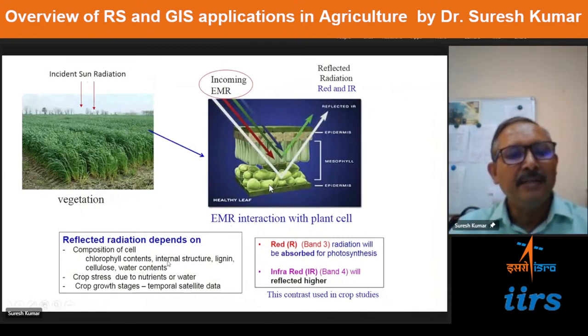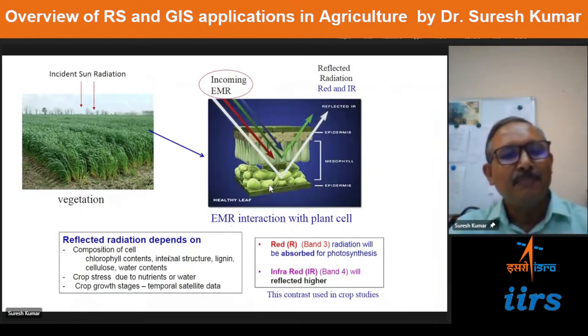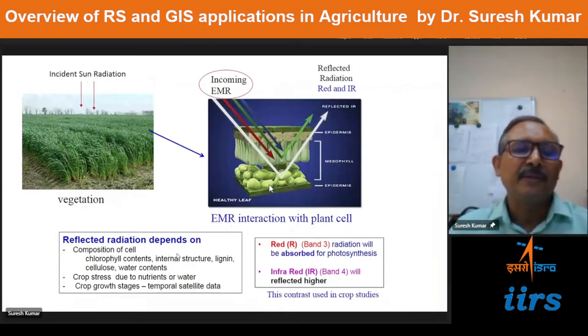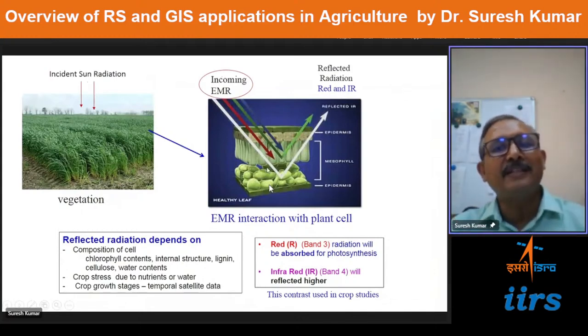Chlorophyll content, internal structure, lignin content, cellulose and water contents will be different for different crops, and that's why you get different reflectance. That is the way we are able to identify the crop. Even if the crop is under stress because of nutrient or water, the reflectance will also change.